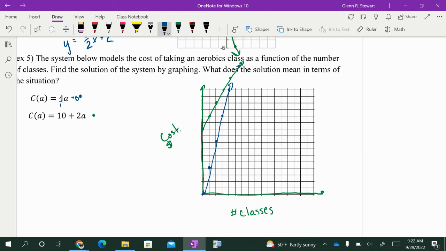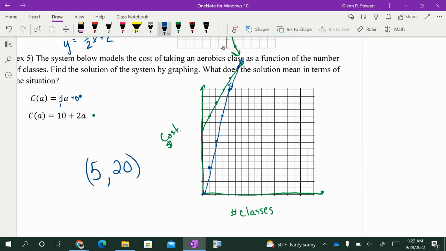And then over 1, I should hit that same point, which in this case is going to be at 1, 2, 3, 4, 5. And then, so if this is 10, 11, 12, 13, 14, 15, 16, 17, 18, 19, 20. So it'll be 20. So that will be my point or my solution.